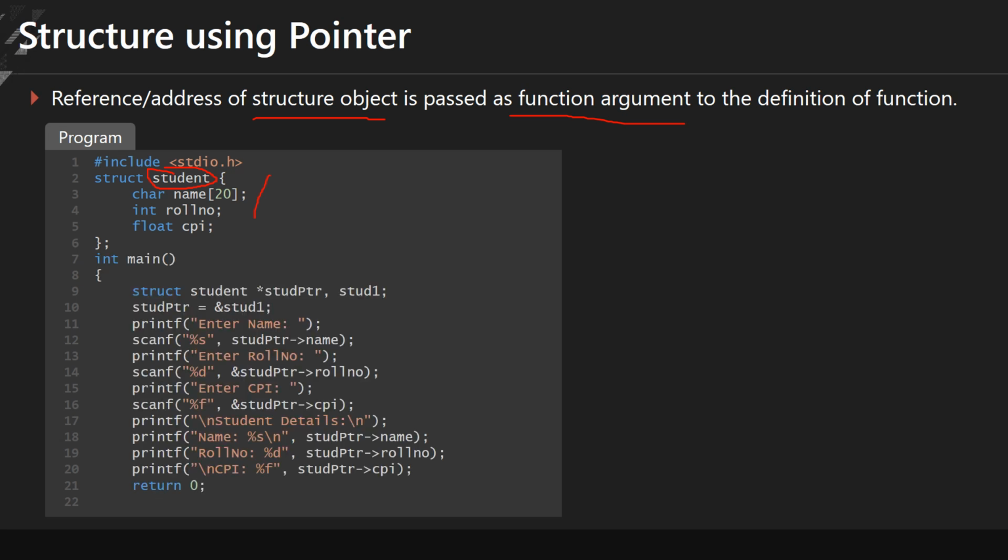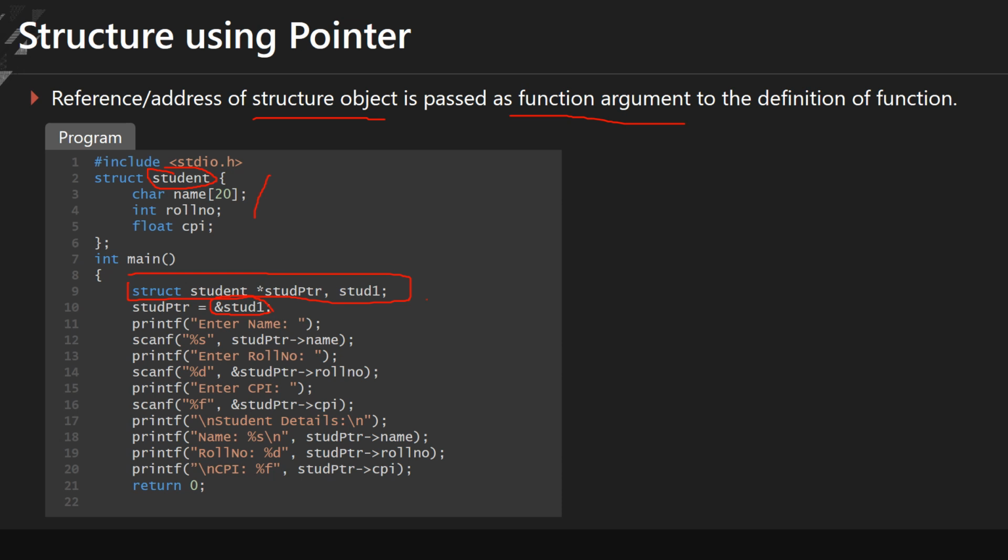Here I have created a structure variable using struct student. Struct student star student pointer is a pointer to the student, and the general structure variable is stud1. I use the ampersand sign with stud1 to assign to the student pointer.